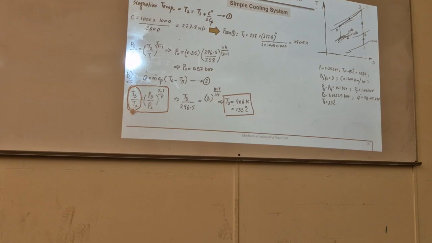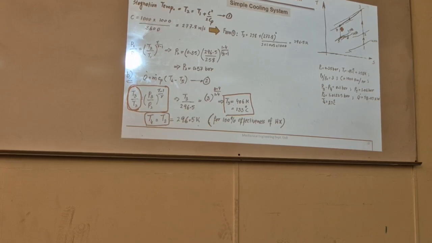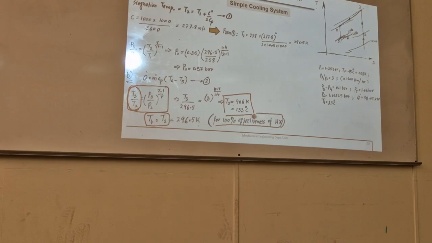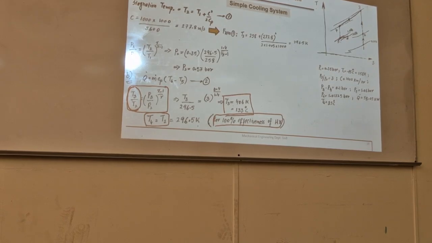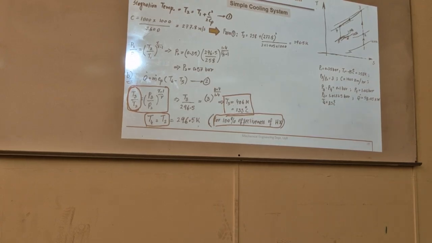This is Kelvin always. And then T4 is assumed equal to T2, that this point 4 temperature will become the same, for 100% effectiveness of a heat exchanger. If effectiveness is not given, we could solve the heat exchanger part using heat transfer, but we are not doing it here. We should know the type of heat exchanger, flow rates, temperatures, then we can do it, which we are not doing here. So that is one assumption which is used in this problem.